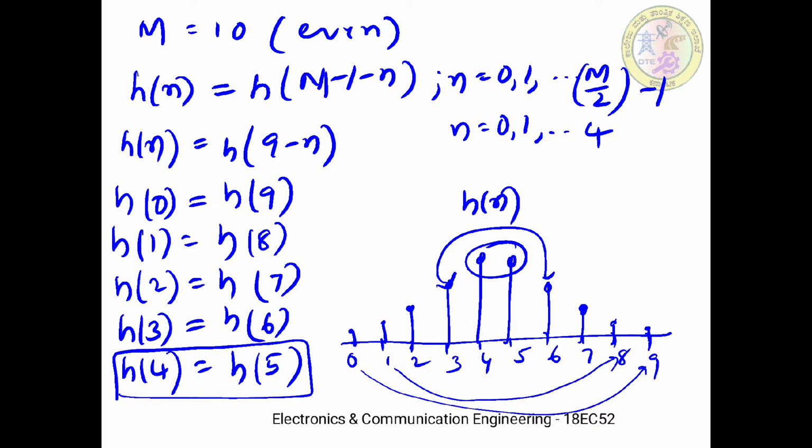So now what is the link of this kind of response with linear phase FIR systems? This is regarding only the symmetrical nature of the impulse response, that's all. Further, how this is useful in linear phase FIR systems, that we will see now.